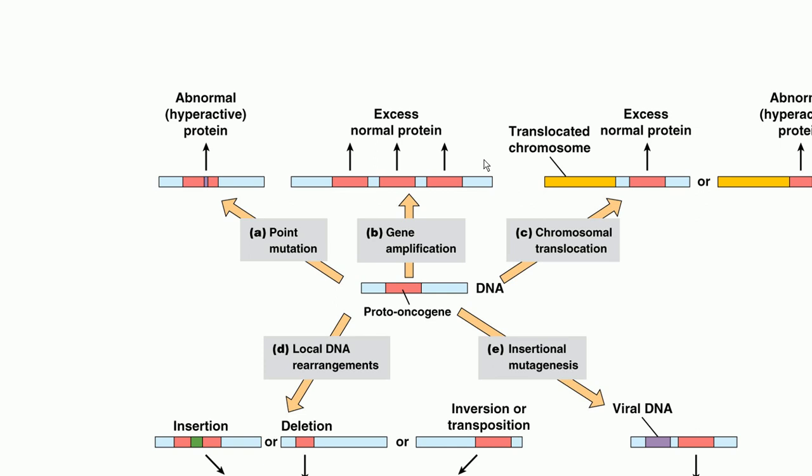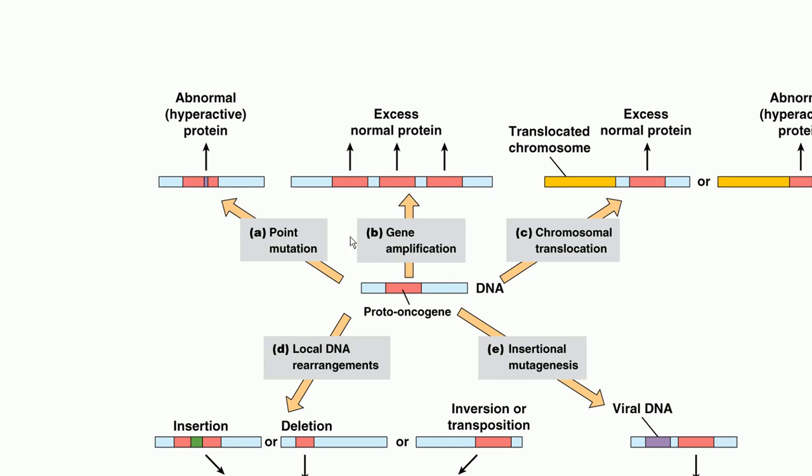So point mutations can take place in our genes, gene amplification can take place, chromosomal translocations can take place, and local DNA rearrangements, like some insertions, some deletions, and inversions. All these events can lead to the formation of abnormal hyperactive proteins.